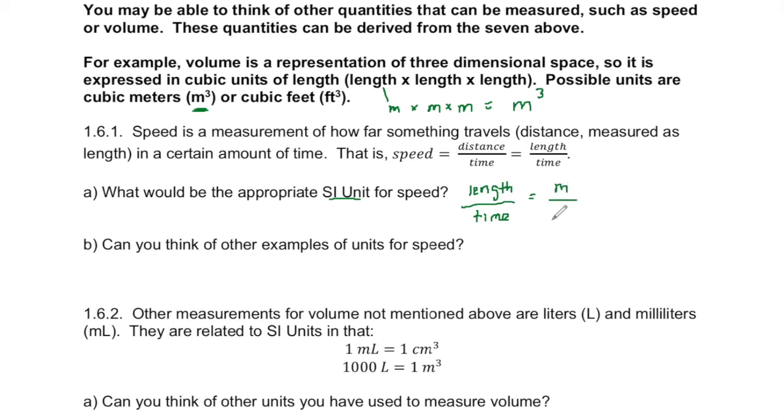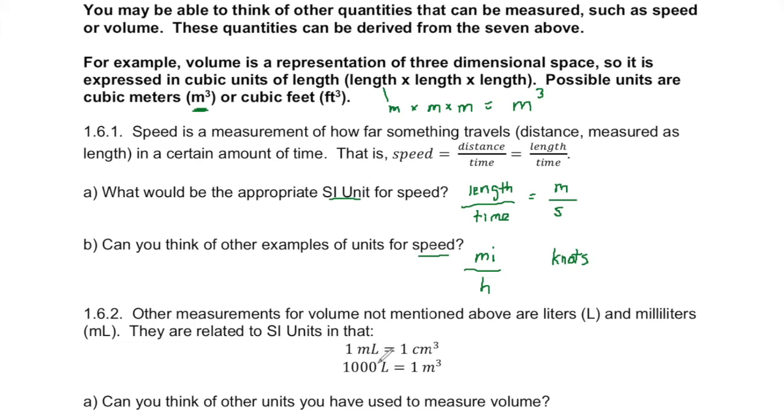The official SI unit for time would be seconds. And so meters per second would express speed in SI units. A lot of times when we are not talking about SI units, you might express speed as miles per hour. So that's another unit for speed. If you are into boating, you can express speed in knots. That's all I can think of right now, but there could be other units for speed.